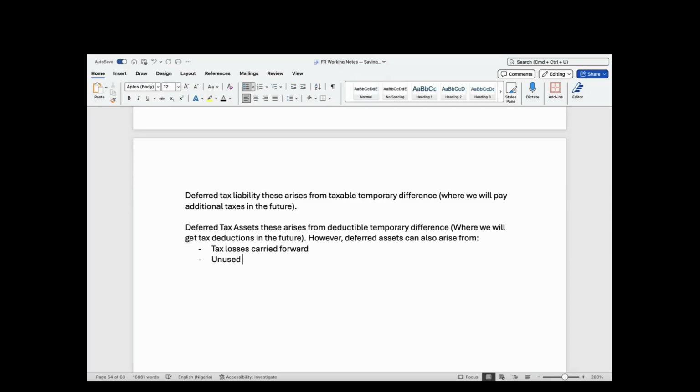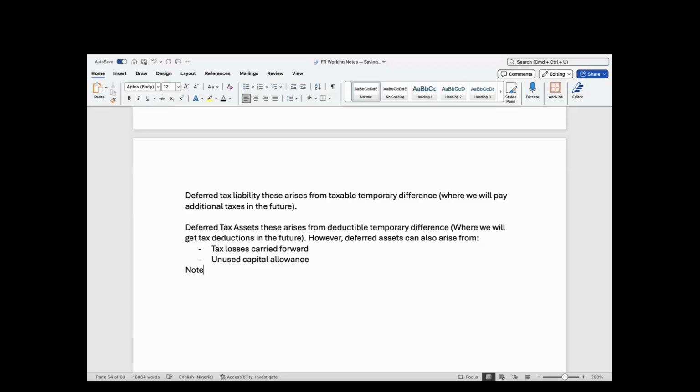Also, is unused capital allowances. If you have any capital allowance that you have unused, you are going to carry it to the future. It will make you have tax deduction.